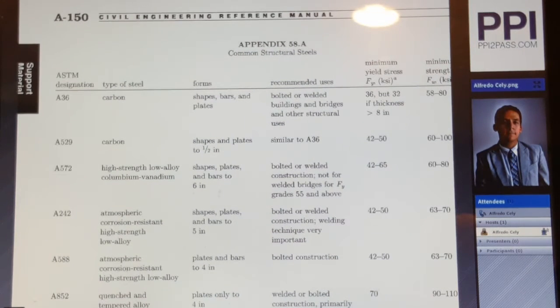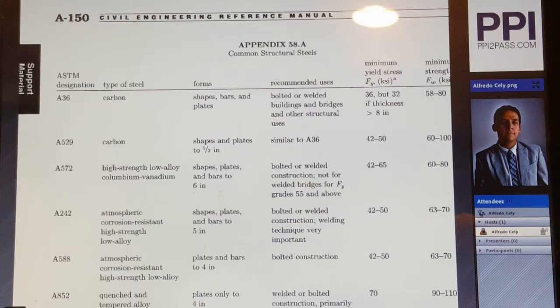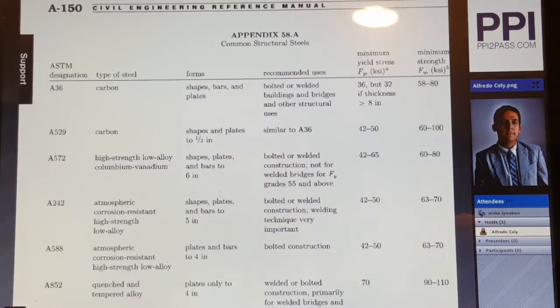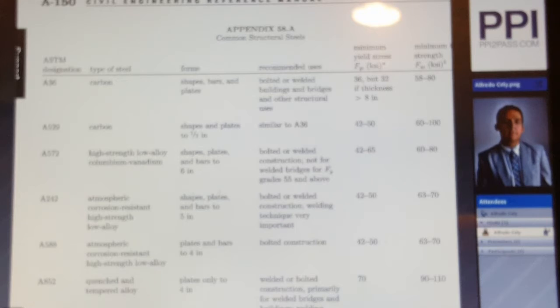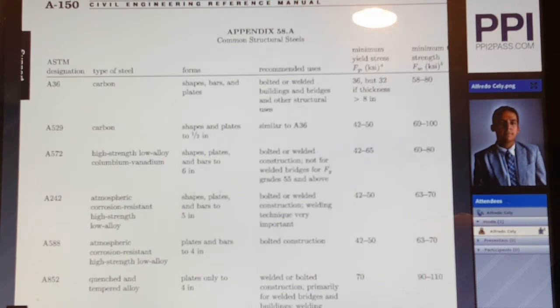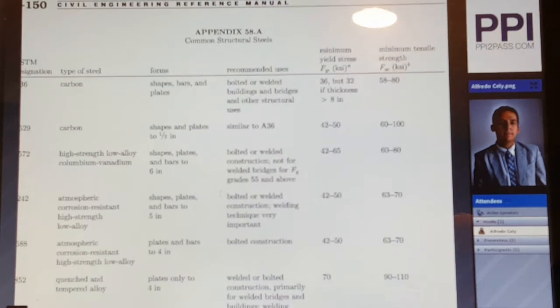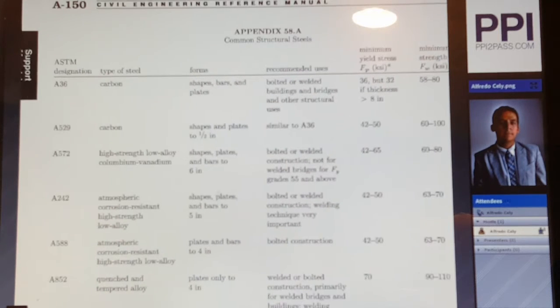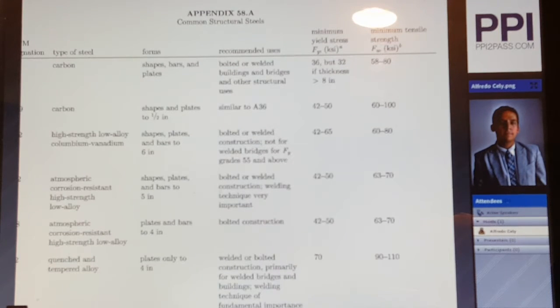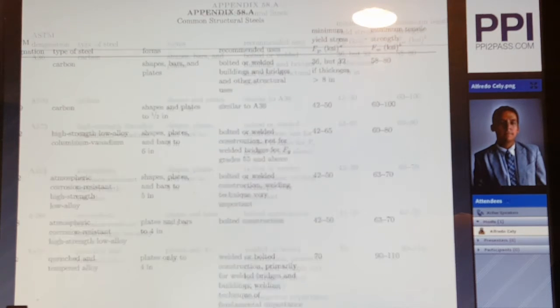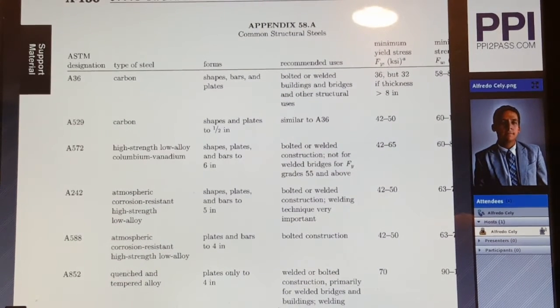Now, A36 is a carbon type of steel, and it's typically used for shapes, bars, and plates. And we say shapes would be like a W shape, an S shape, and so forth. And the minimum yield stress of A36 is 36 ksi.